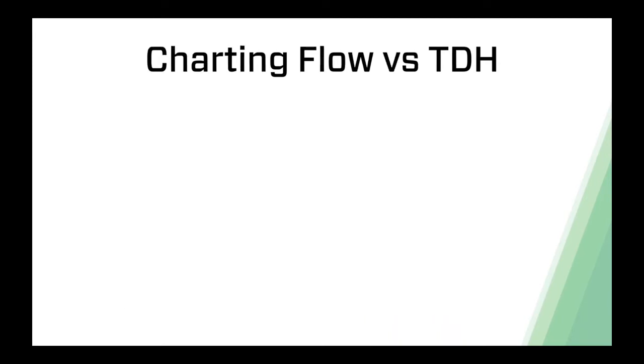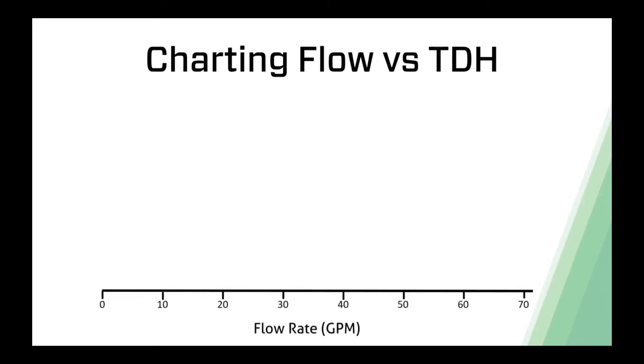So we have flow and we have total dynamic head. And we need a way to be able to graphically represent that. So if we have a scale that starts at 0 and counts up to some higher value, and we use that scale to plot flow rate. So as the flow rate increases, we're going to move from the left to the right along that scale.